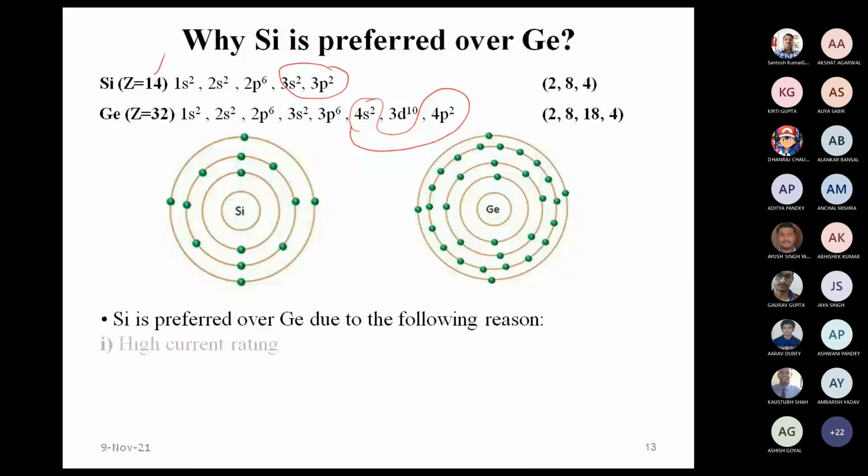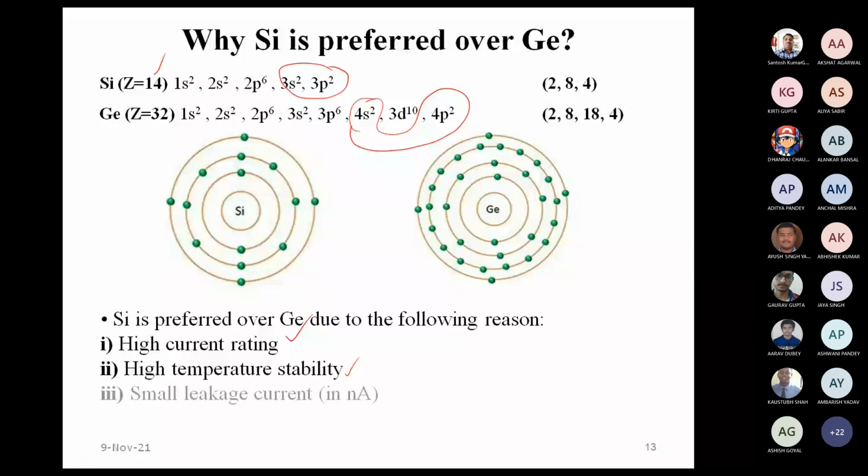There are several reasons why silicon is preferred over germanium. Silicon has higher current ratings, higher temperature stability, and small leakage, and it is easily available and extractable. That is the biggest advantage of silicon.